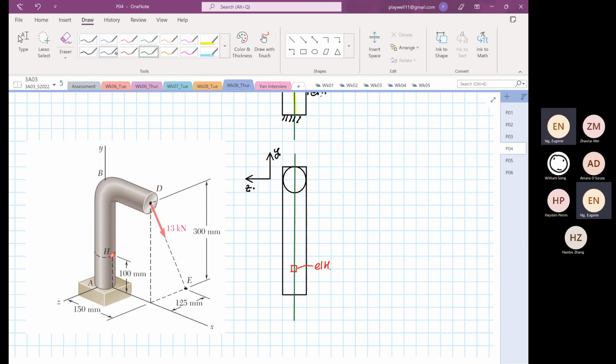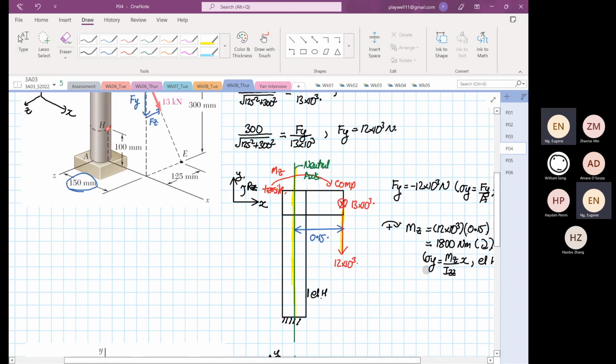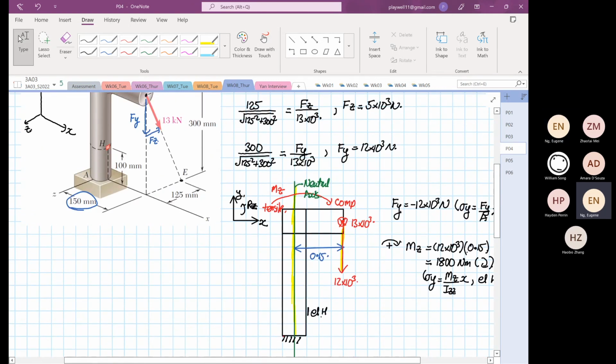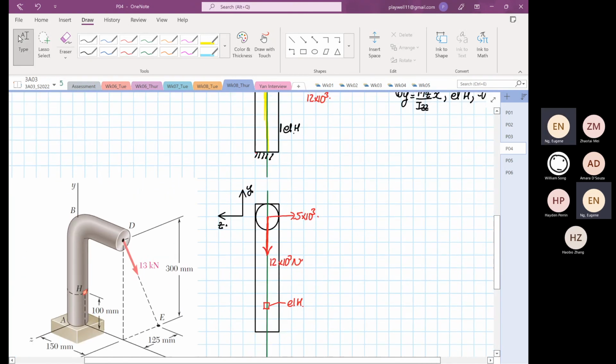Then from here, we know that we have a force coming down here. This is our 12 times 10 to the power 3 Newton. And then we have a force going in this direction, and that is our 5 times 10 to the power 3. Okay.